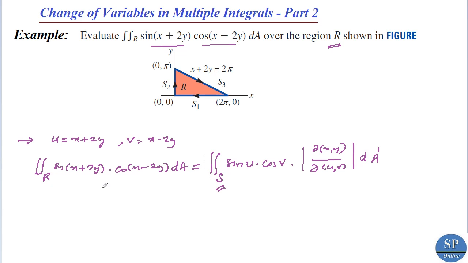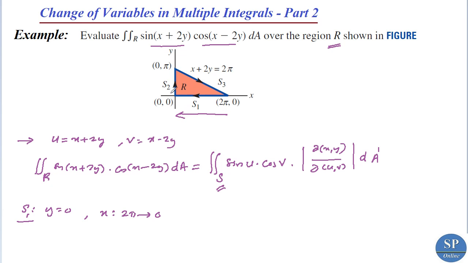Okay, so consider S1. Here R is the region in the xy plane bounded by these three lines S1, S2 and S3. On this line S1 we have y equal to 0 and x varies from 2π to 0, the orientation is like this.